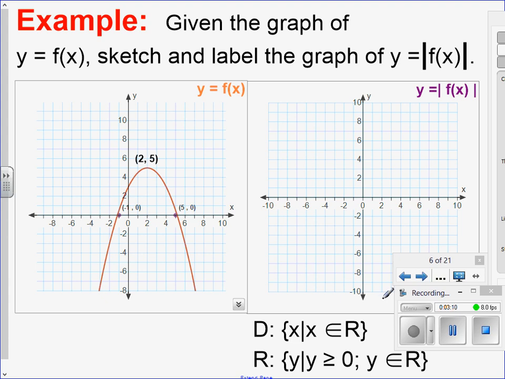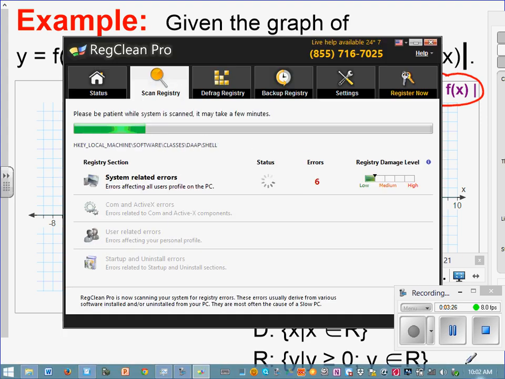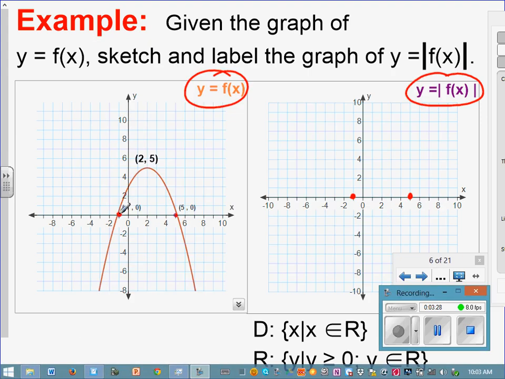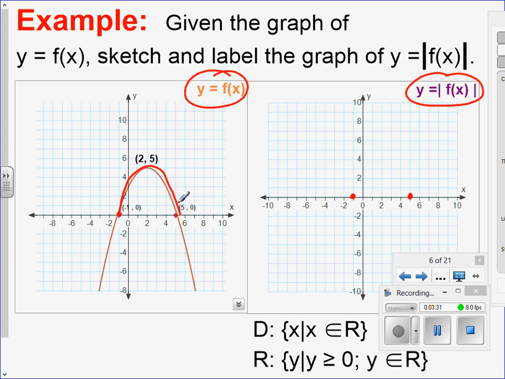So given the graph f of x, we now want to graph absolute value of f of x, and we're going to follow those steps. So the first thing I'm going to focus on is my invariant points, which are the points on the x-axis. Those points stay the same. And then every point above the axis stays above. So all of these points are going to stay above. So using that point 2 and 5, just to give me a nice shape, it's going to be like this. Okay? And then all the points below the x-axis are going to be reflected above.